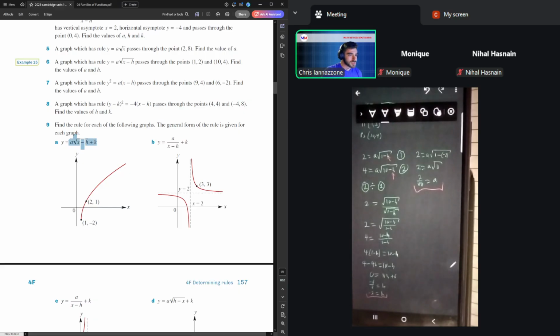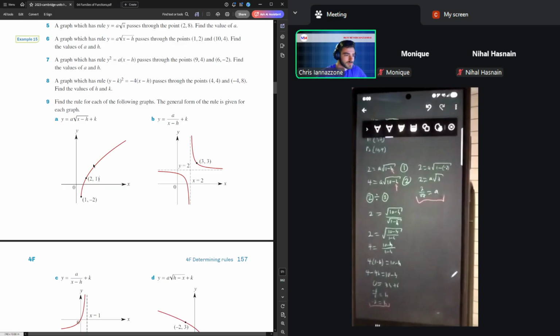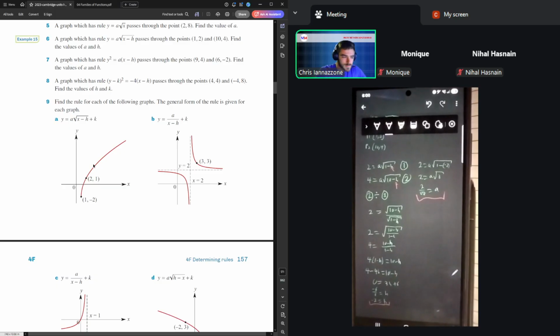The root is going to be a little bit different, maybe, in the sense that the point you're given is the vertex, right? So you're given both the horizontal and the vertical component of that, and then finally another point. We were talking about before how it's a good rule of thumb: if you have 3 unknowns, you should have 3 equations or 3 pieces of information.